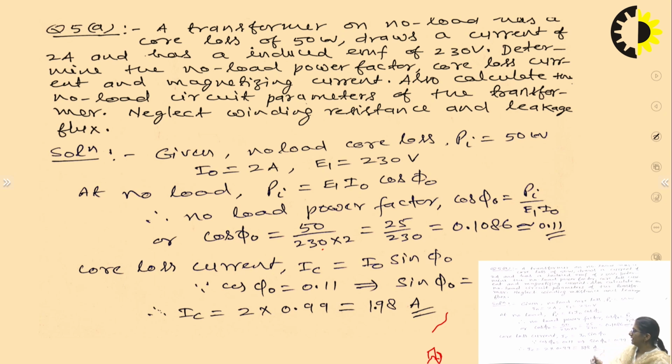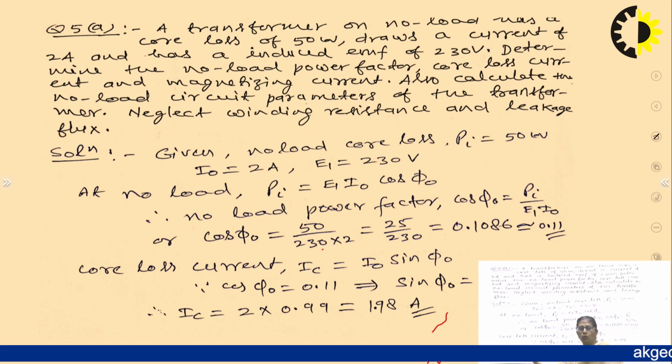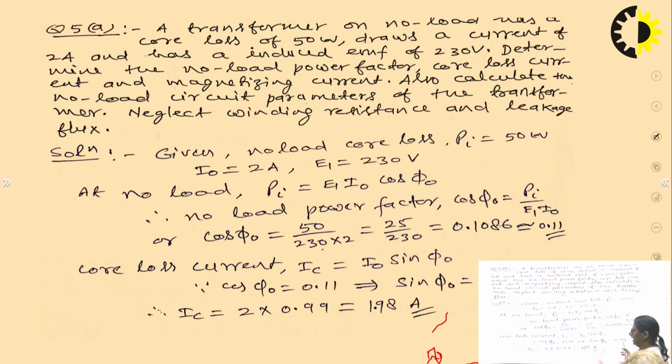The core loss current IC is the sine component, given by I0 sine phi naught. The cos phi naught is 0.11, so the sine phi naught would be 0.99. So IC is 2 into 0.99, which gives 1.98 amperes.